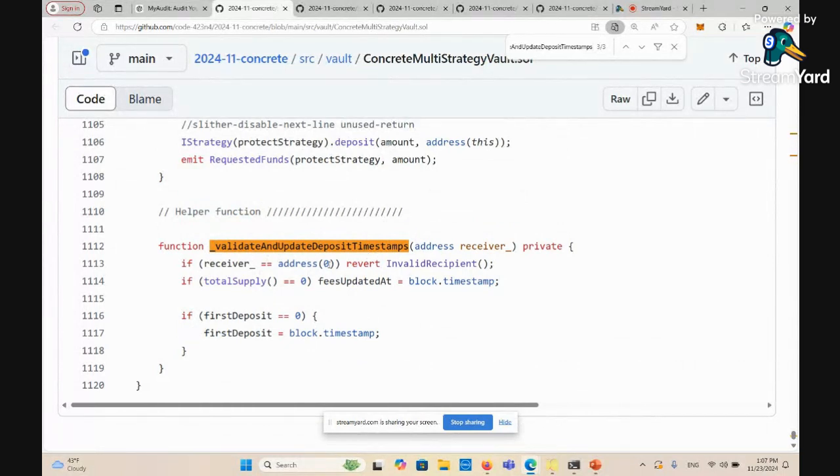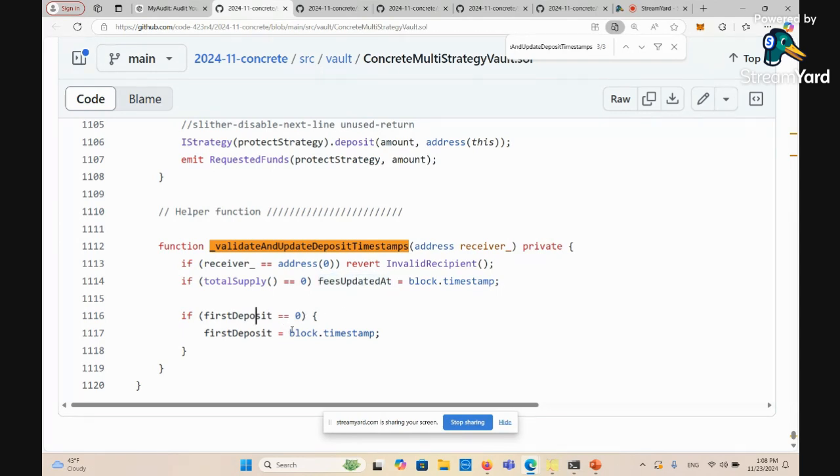First of all, it's going to check that the receiver is not 0. And then if total supply is equal to 0, meaning you are the first depositor, then you update fees updated. This is important because you don't want to retroactively collect the fee when you don't have any depositor. When there's no depositor, you don't collect the fees. So this means you collect the fee from this point, from the depositor time point. Okay, so that's one prevention.